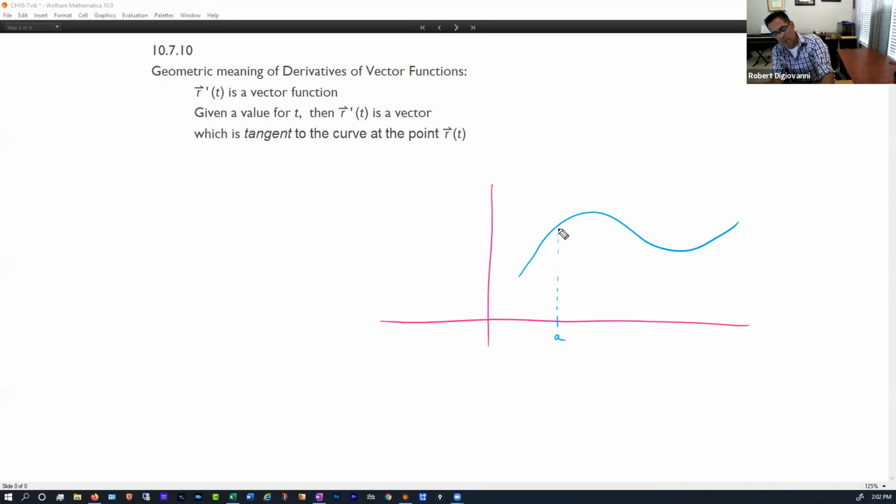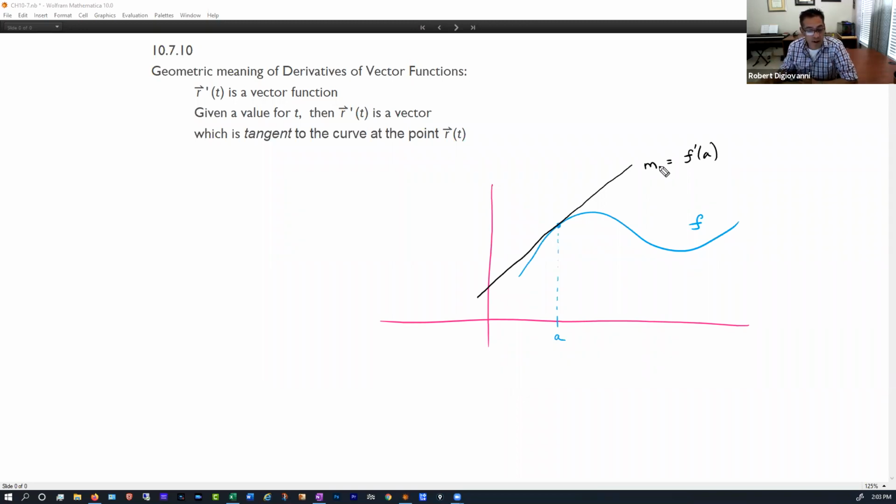We go to that point, and we talked about the tangent line, and the slope of that tangent line was equal to the derivative of that function at a. So if this function is the function f, the slope of that tangent line is the derivative of f at a. So the rate of change of the function at a. That's what it meant back then.